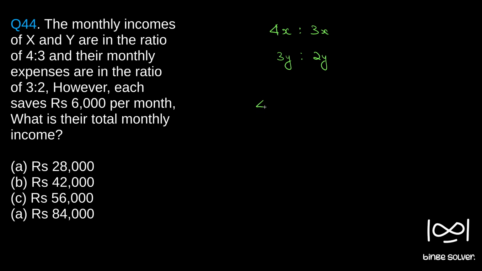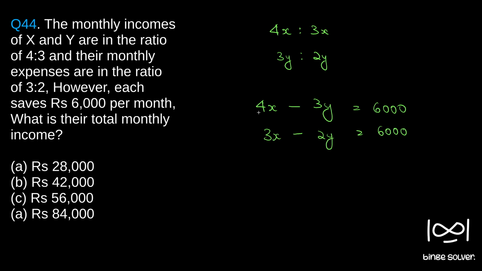So 4x minus 3y: 4x is the first person's income, 3y is his expense, income minus expenses gives savings, that is 6,000. That is the given information. Similarly, it is given 3x minus 2y equal to 6,000. So these two are given.